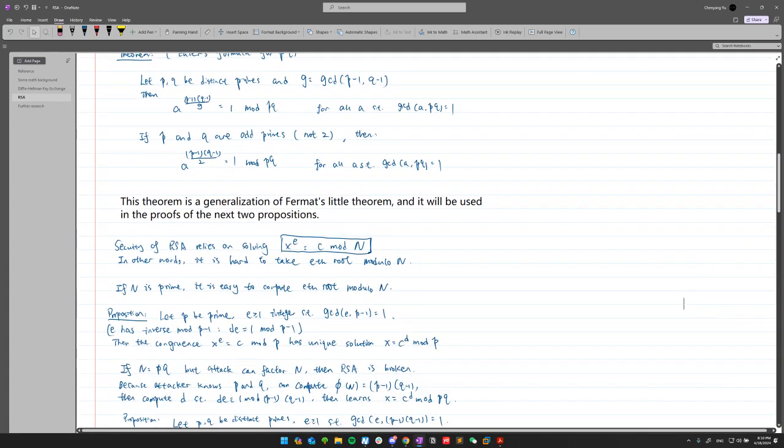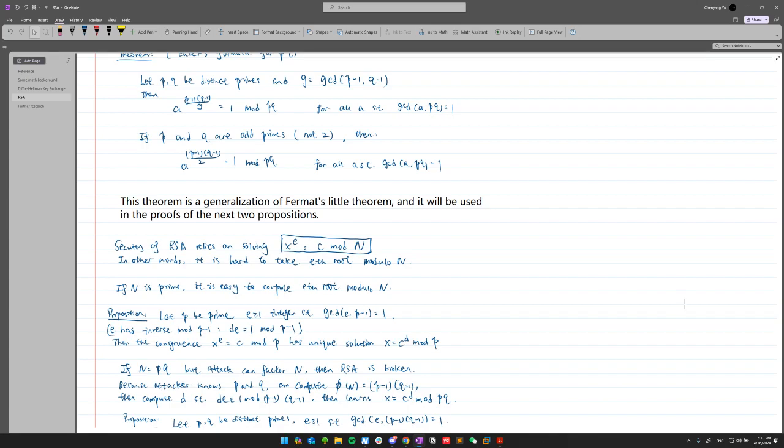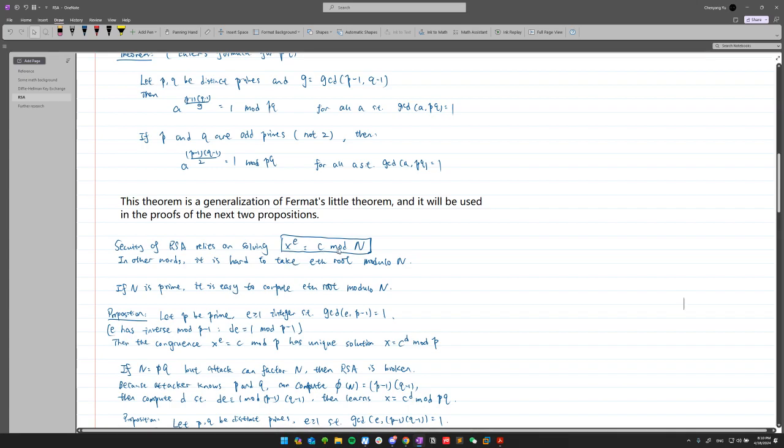So the security of RSA relies on solving the congruence x raised to the e-th power equals the ciphertext mod n, where n is p times q. Right? So there is a misconception that people always say, oh, the difficulty of RSA relies on the factorization of integers. That's partially true.